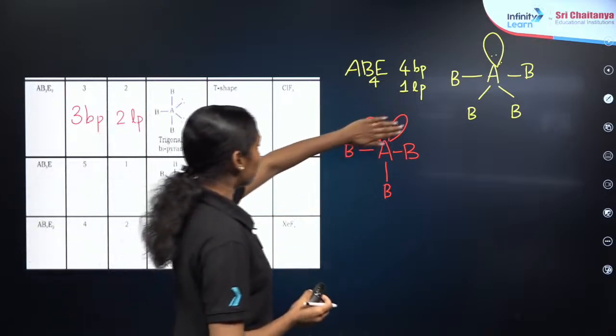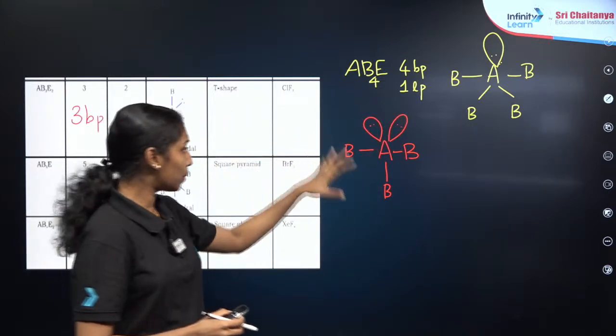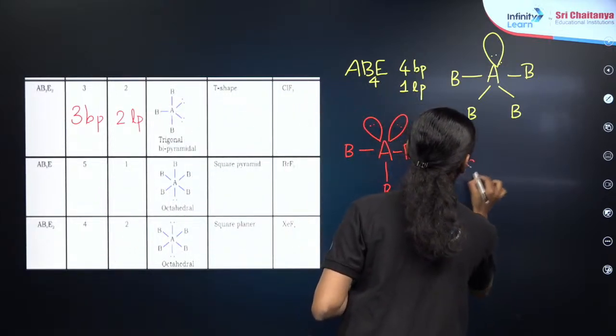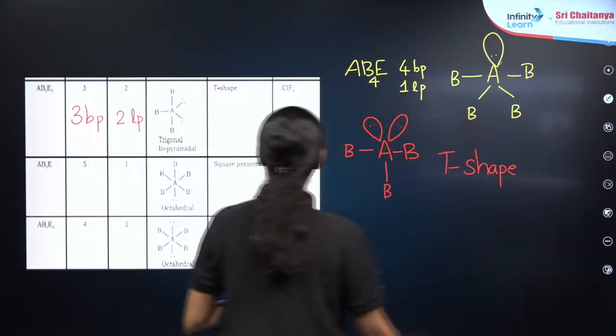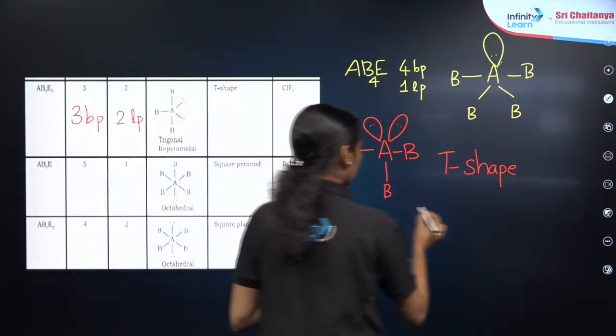So it will look like the alphabet T. So we will call this shape a T shape. Clear? The main example is ClF3.